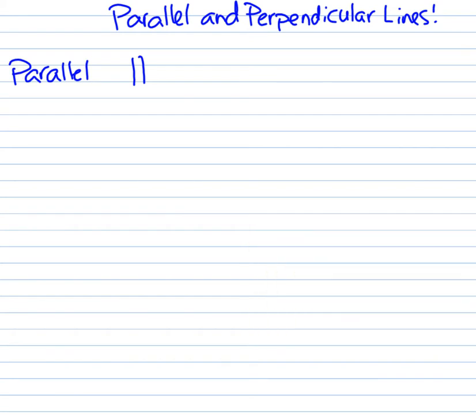Alright, so what that means, if we were to have a coordinate grid, so if we drew ourselves a little coordinate grid here, let's say we have this line here, and then we were to draw another line.